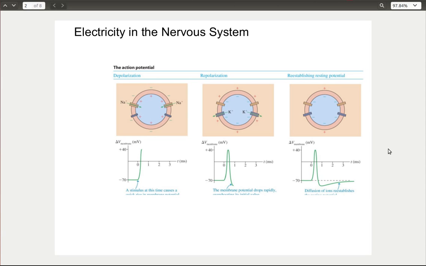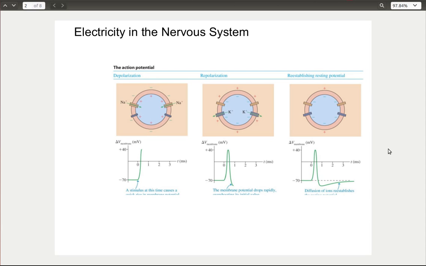And the effect of this is to change the electric potential difference. Previously, the electric potential inside the cell was lower than the electric potential outside the cell, and the way to describe that was to say the electric potential difference was negative 70 millivolts. Now, after sodium flows inside the cell, the electric potential inside the cell will be greater than outside the cell.